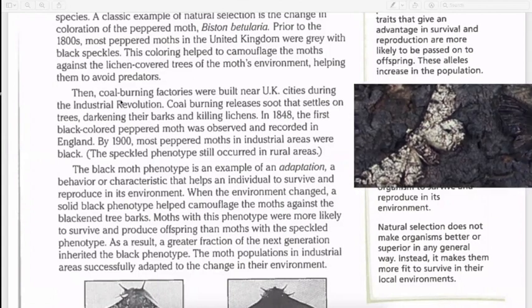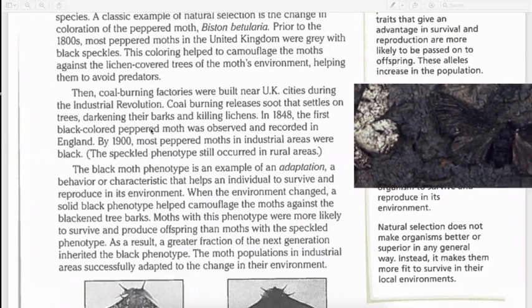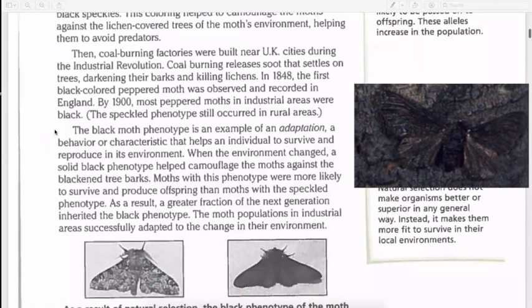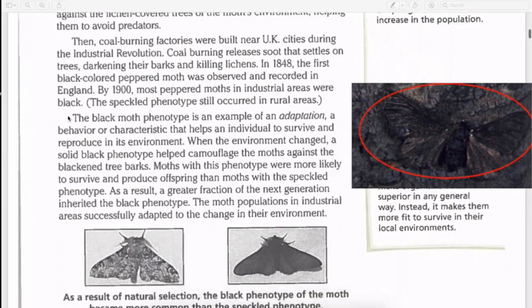Animals were eating them. In 1848, the first black colored peppered moth was observed and recorded in England. By 1900, most peppered moths in the industrial areas were black. The speckled phenotype still occurs in rural areas, meaning you can still find the lighter colored one where there are no factories. Where there are factories, you'll find the black ones.